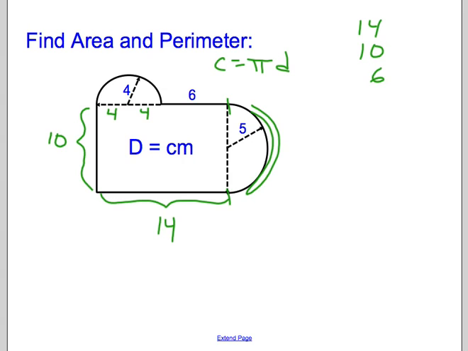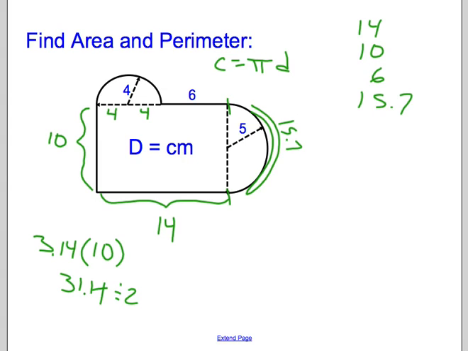So calculators ready? 3.14 times the diameter of this circle, which would be 10, is 31.4, and then we divide that by 2. 15.7. Good.